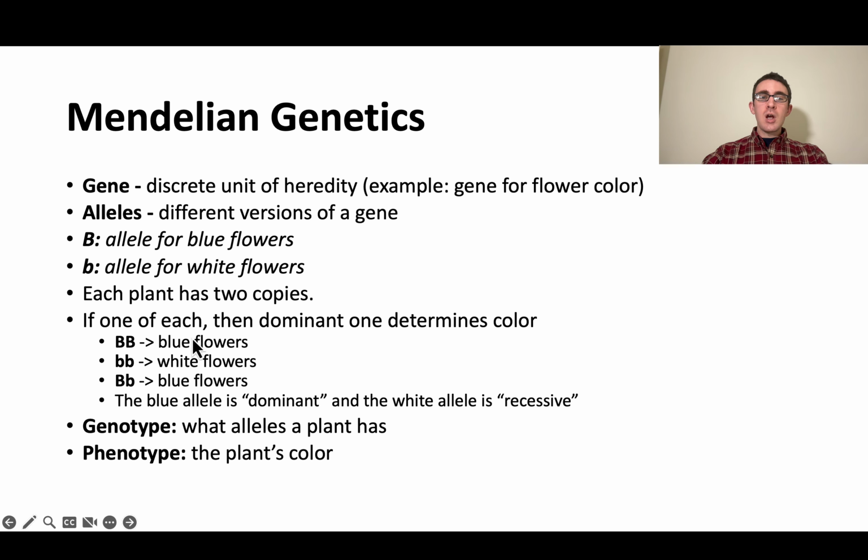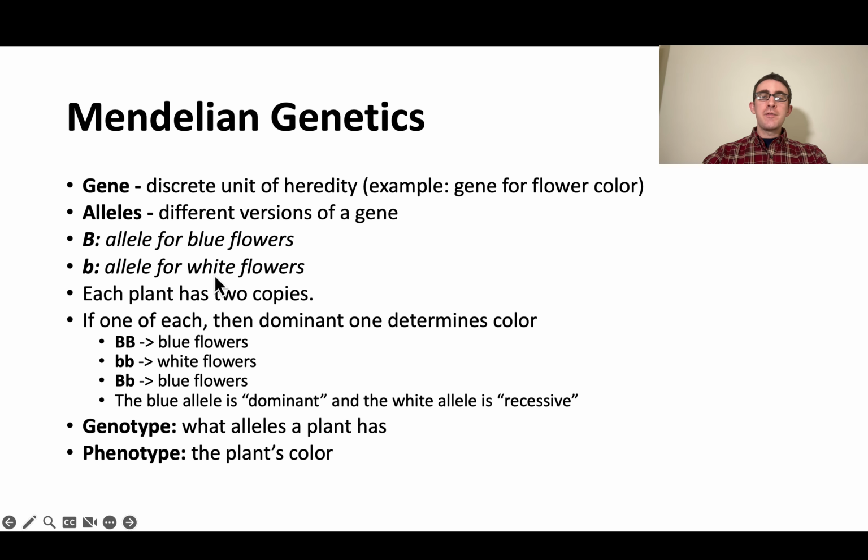In this model, the blue allele is the dominant allele, which we notate with capital letters. Usually the dominant allele is uppercase, and the recessive allele, the one that's not dominant, is lowercase of the same letter.